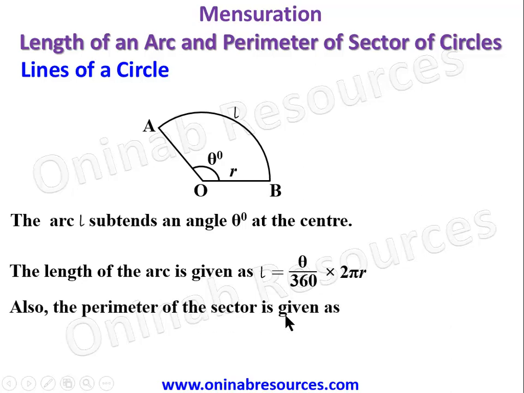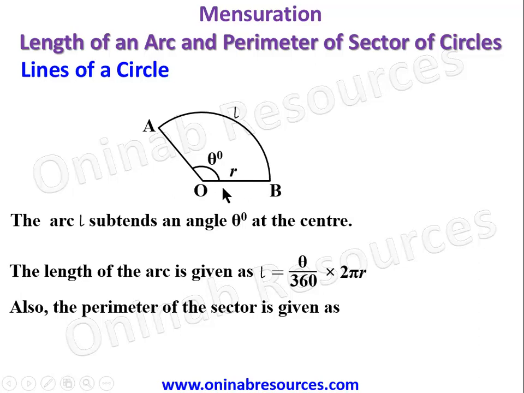Also, the perimeter of the sector: to calculate the perimeter of the sector, we are looking at adding the sides AO, OB, and the length of this arc. And AO is radius, also OB is radius.